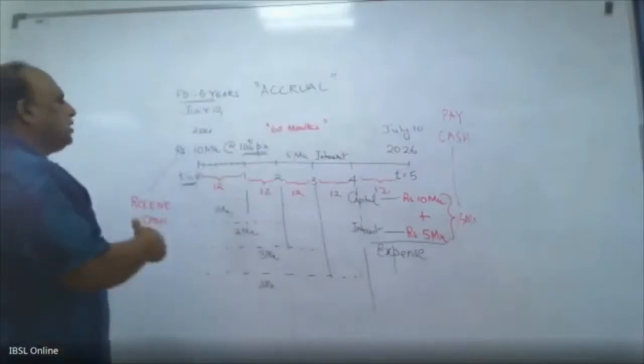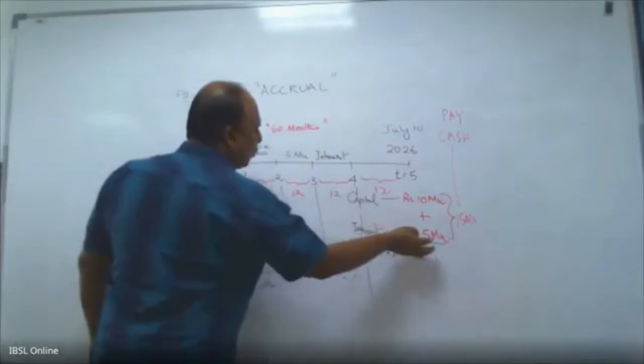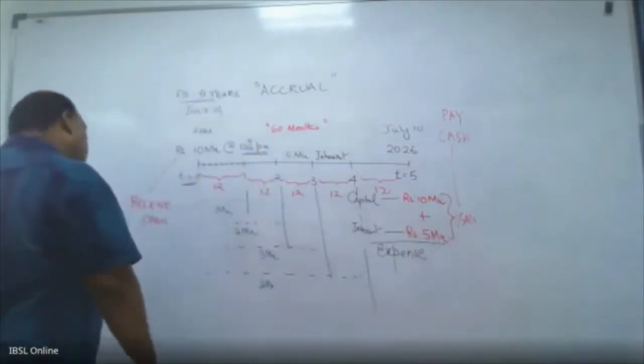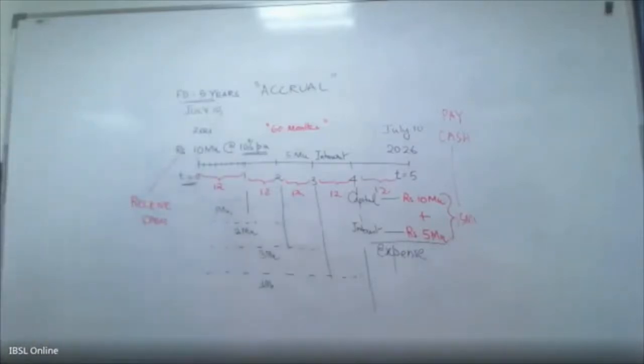The bank can't wait till 5 years is over to pay this 5 million. Right now itself, they have to set aside an amount. This is like saving money, right? Now the customer is not in a position to save money, so he is coming to the bank.